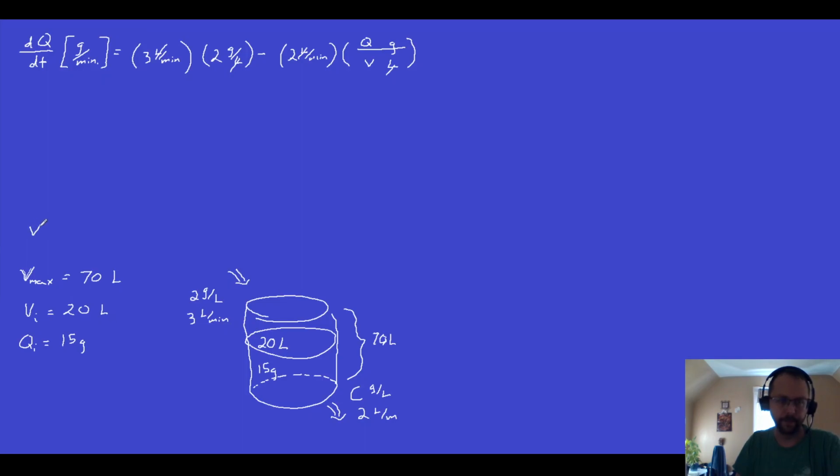So volume as a function of time is going to be our starting value, which is 20. You know what, let me do the units thing again. So the units should be liters.